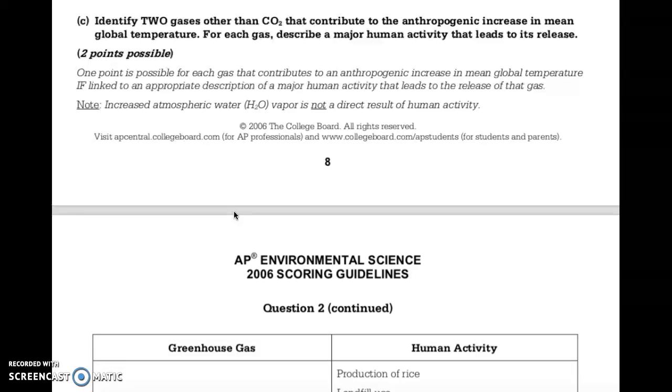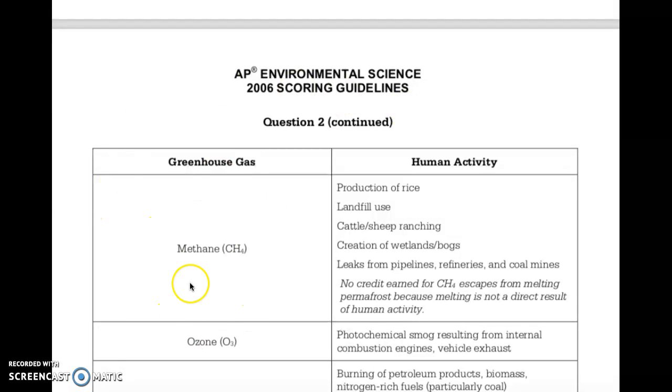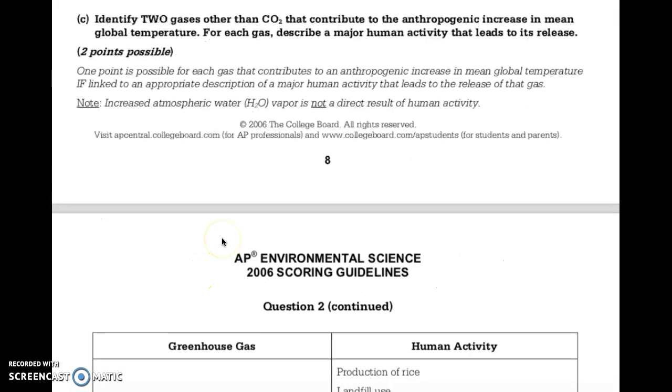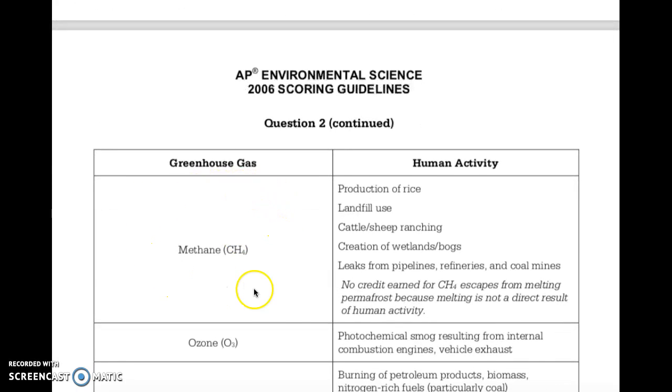All right, and then part C, we have to identify 2 gases other than carbon dioxide that contribute to the human-caused or anthropogenic increase in mean global temperature. So we have to state the gas and describe a major human activity that leads to its release. So you have your list over here. Since you have to do this for 2, you only get 1 point for each gas and the human activity.